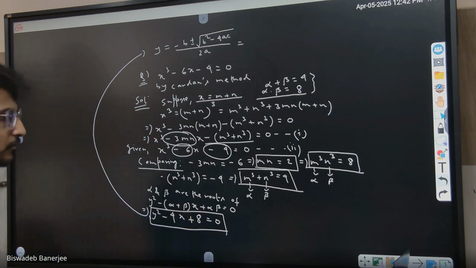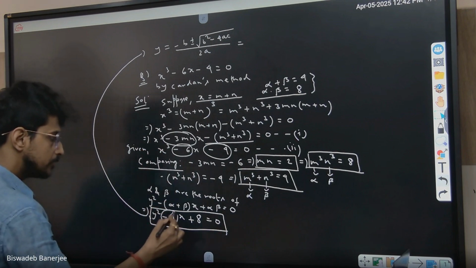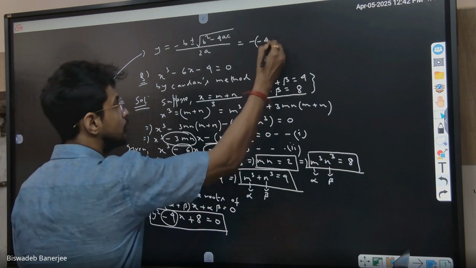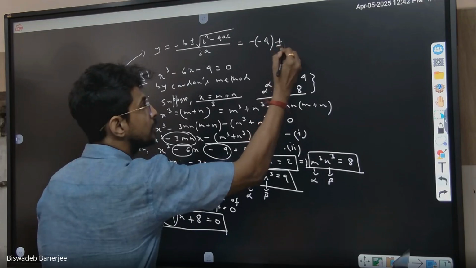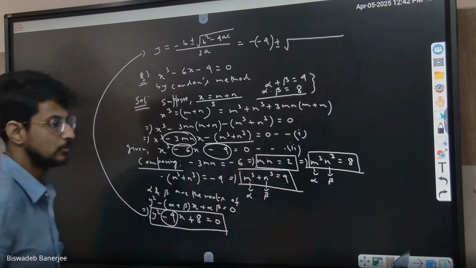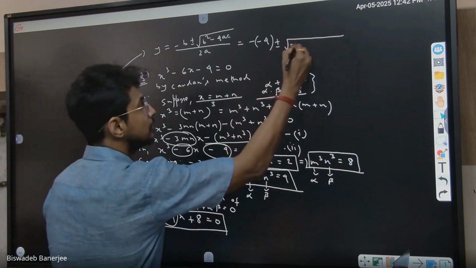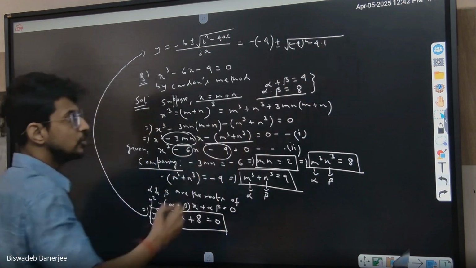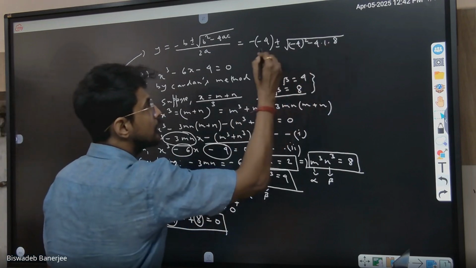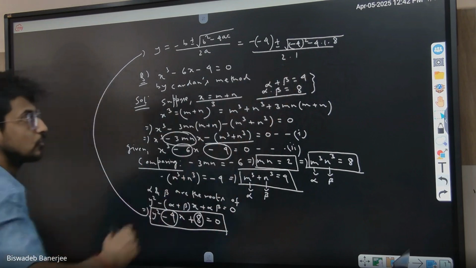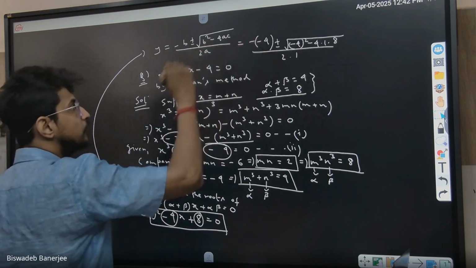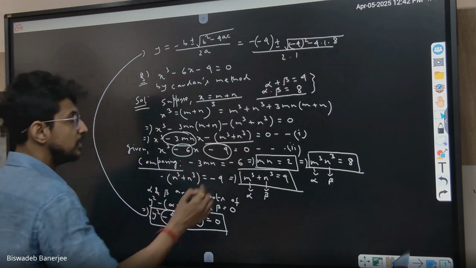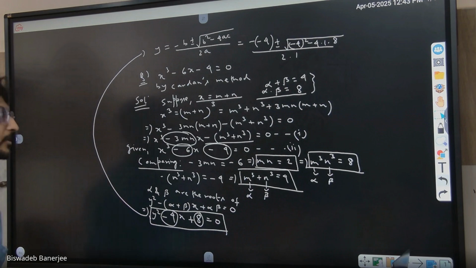Coefficient of x is called b. So minus b: my b is minus 4, so minus b plus minus root over b square, b is again minus 4, minus 4 into a, where a is the coefficient of y square, which is 1, and my c is 8, by 2 into a. Well known Sridharacharya method.